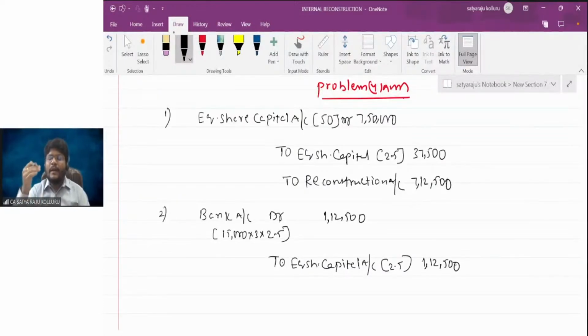So if you ignore a particular step, even though the final solution is correct, or if you ignore a particular working note, even though you are working within the solution itself, then you may lose the marks. So if you want to get full marks, please present the solution in a detailed manner, with all the requirements. Do you understand, all of you?